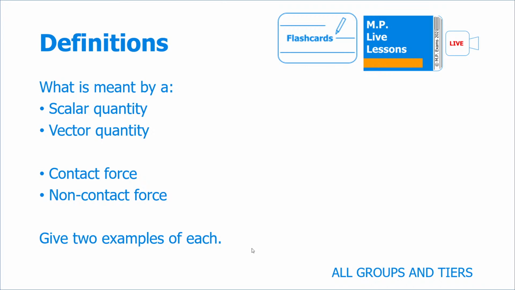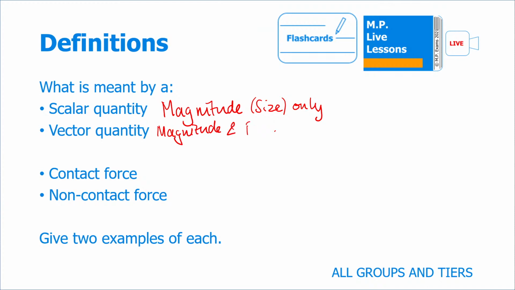You can take some notes on whatever you'd like, let's say your book, notes electronically, or just even paper itself. To define each of them, a scalar quantity will just have magnitude or size only, whereas a vector has a magnitude and a direction.